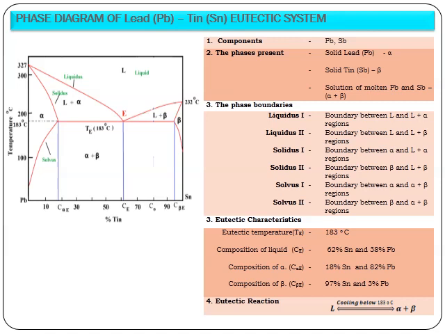The leftmost x-axis represents lead 100%, that is pure lead, and the rightmost x-axis represents pure tin, 100% tin. Here the temperature is represented in degrees Celsius, and the x-axis represents the percentage of tin in the total alloy system.